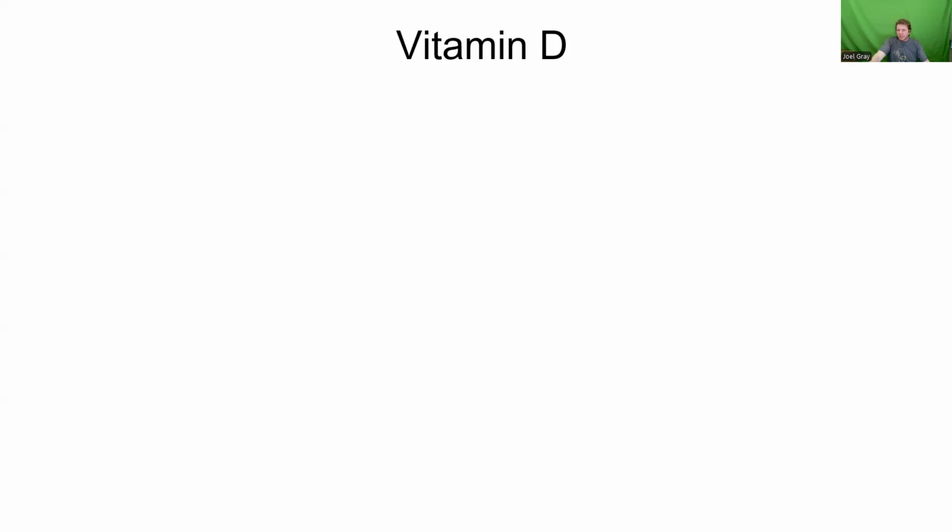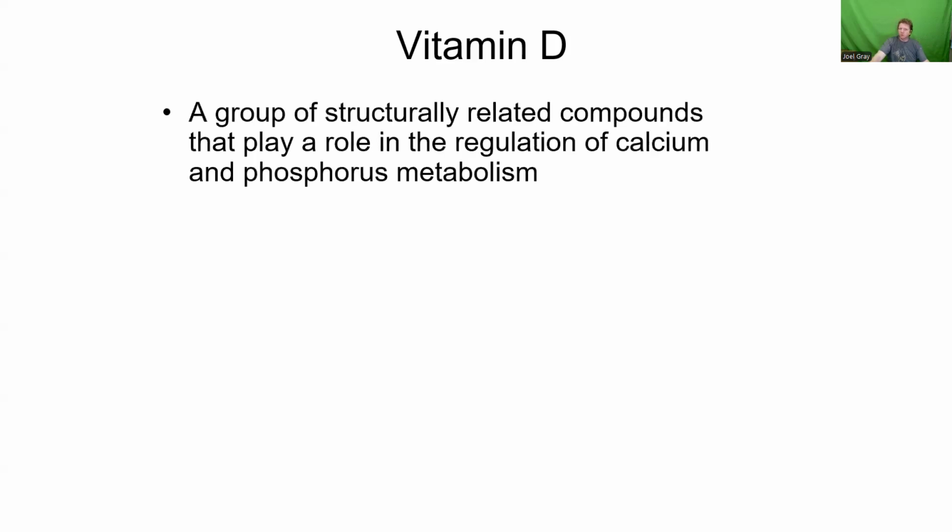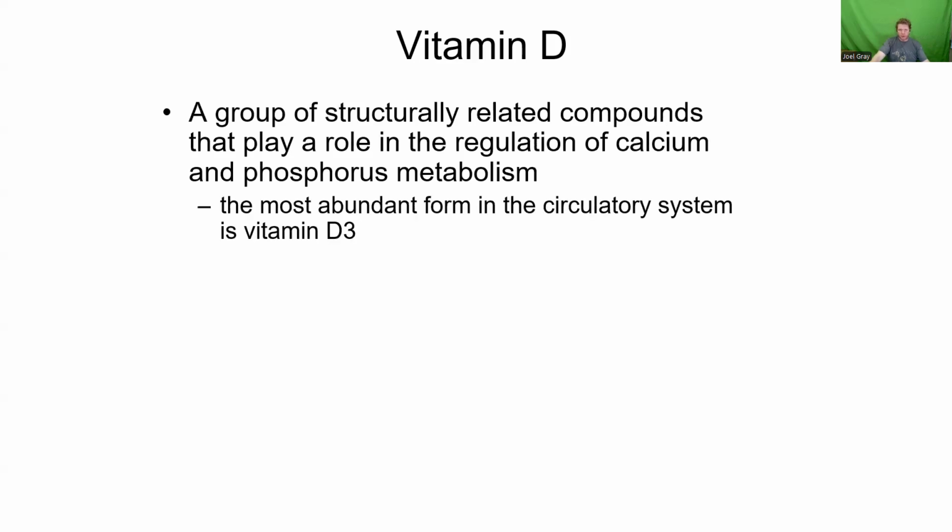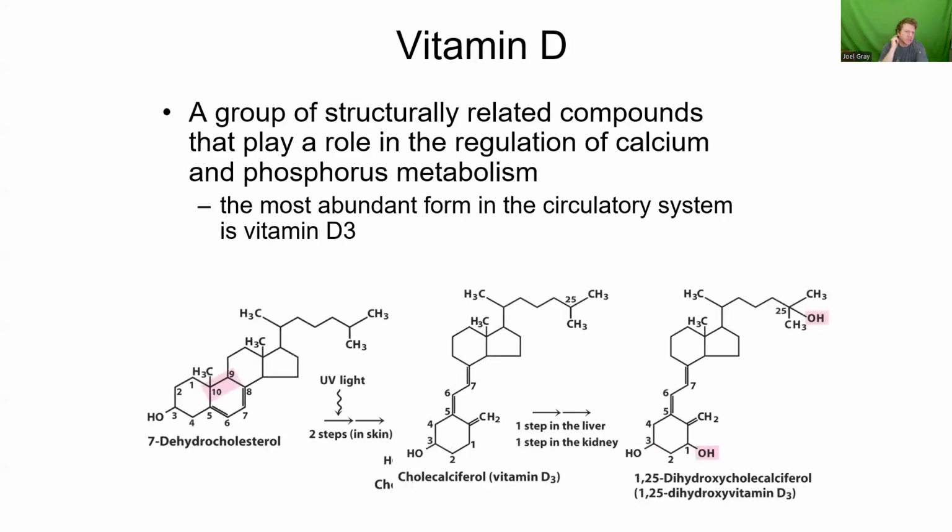Vitamin D is actually a group of molecules that are structurally very related to one another. The most abundant of those is vitamin D3, which I'm going to go ahead and take one right now. This is the most abundant form in your circulatory system at a given point in time. So what I just took was vitamin D3.